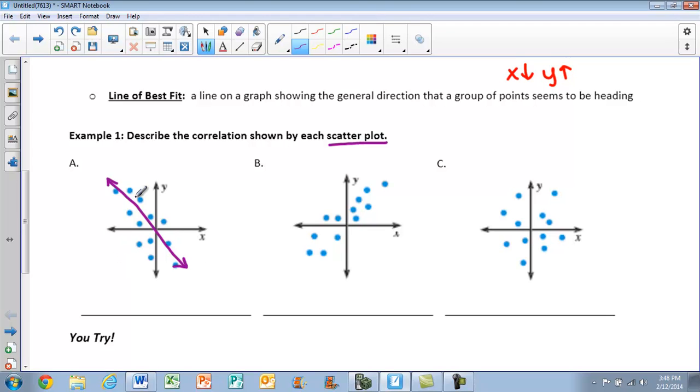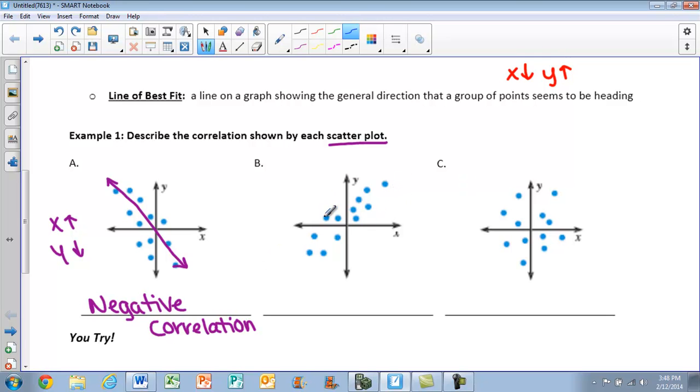And when you do that, you should notice that if this were my line, it would have a negative slope. These also have a negative correlation based on the scatter plot and based on our definition of a negative correlation. If we look at this example, as X is increasing, my Y values are getting smaller. They are decreasing.